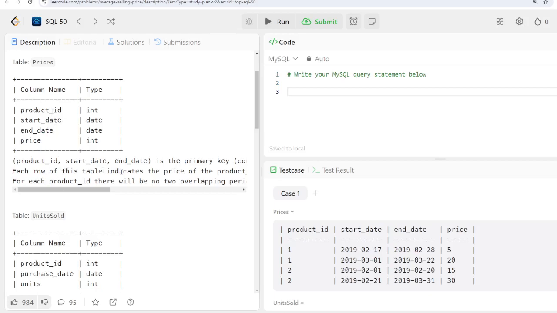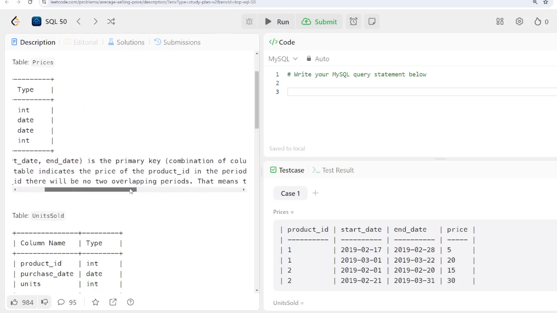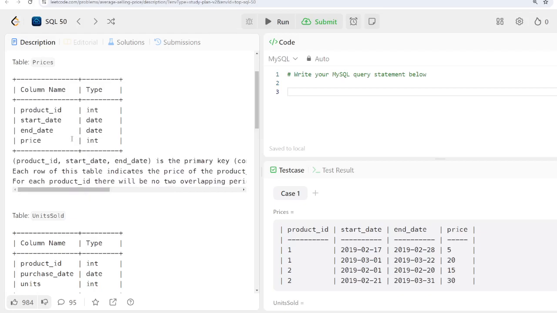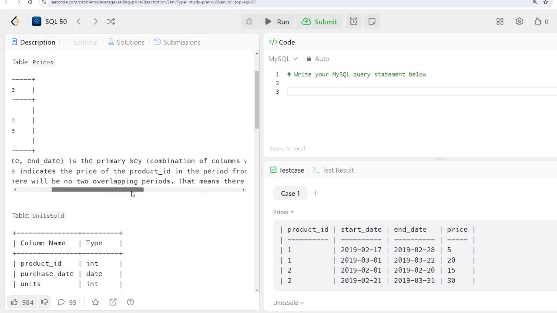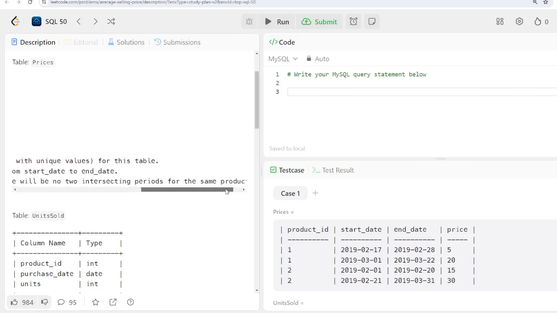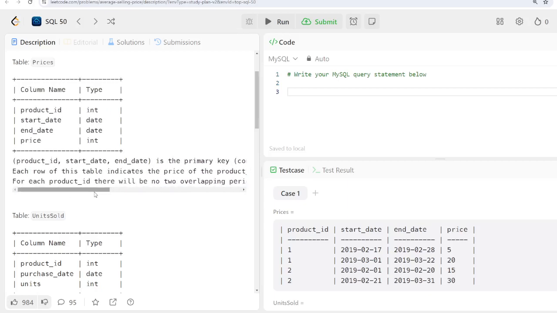Each row of this table indicates the price of the product ID in the period from start date to end date, right? So this price is for the product ID from the start date to end date. For each product ID, there will be no two overlapping periods. That means there will be no two intersecting periods for the same product ID.